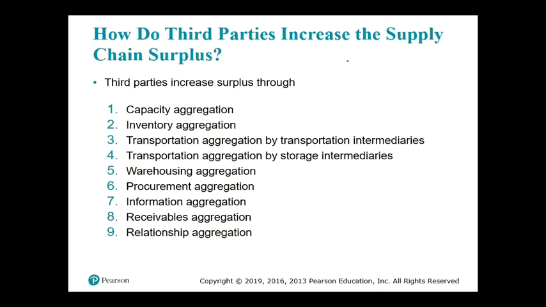The point of relationship aggregation is, if we have a set of suppliers and a set of buyers, and each one of them has to work with each other to establish relationships, a large number of relationships have to be established.